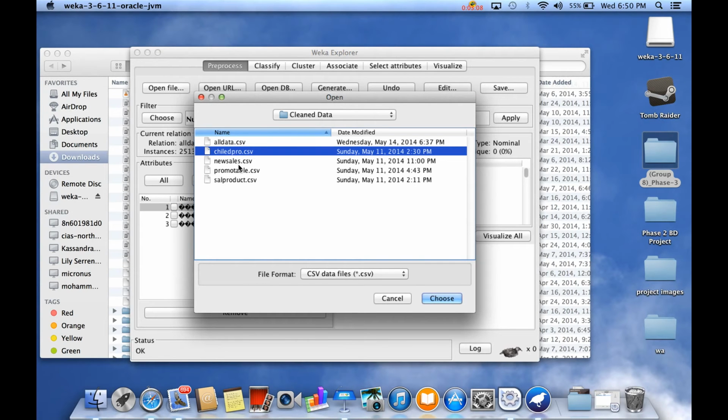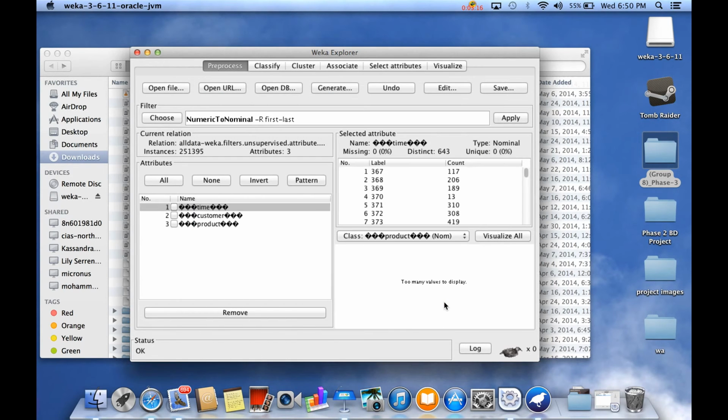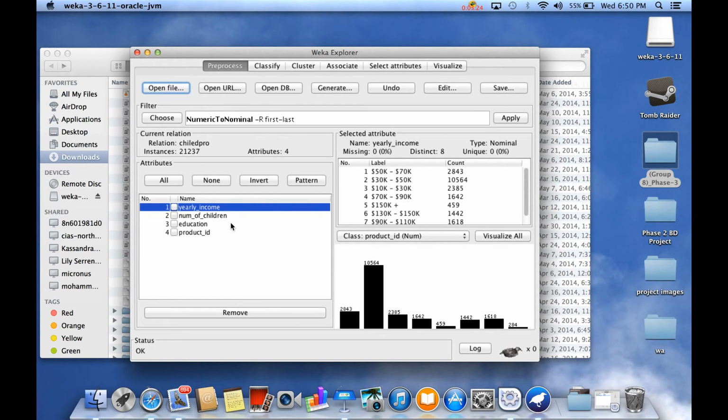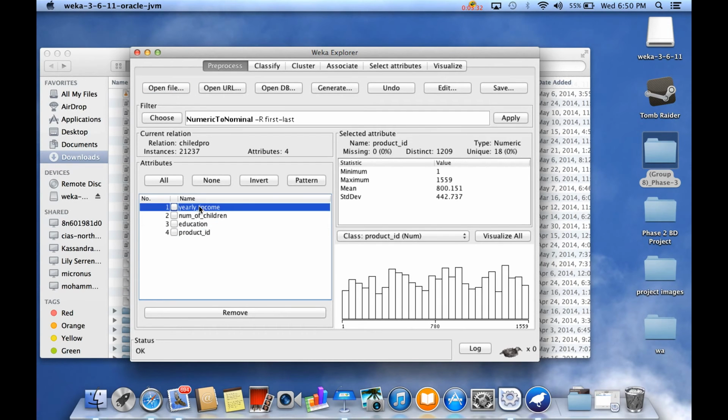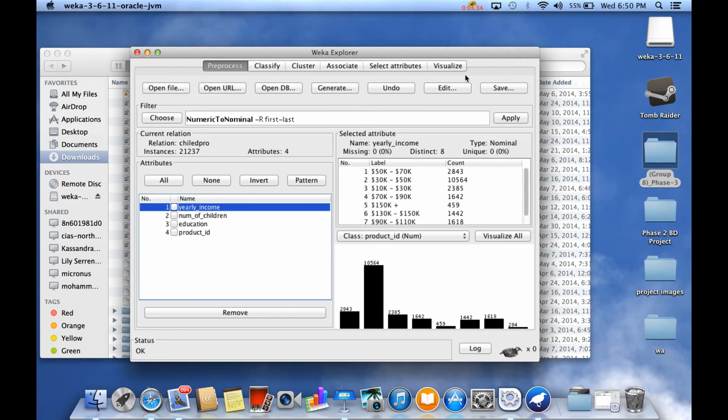As you see, we transformed the SQL to CSV because this is the format that Weka works with. Here we are loading the data, and we still haven't applied any filter. After this, my partner is going to apply numeric to nominal, as well as the algorithm and so on. That's it.